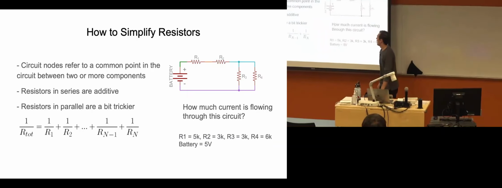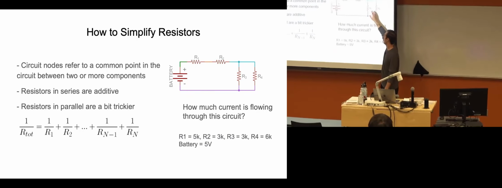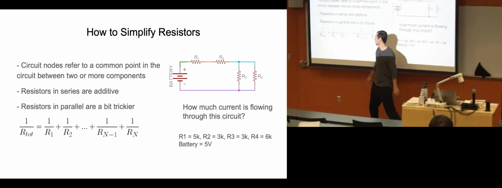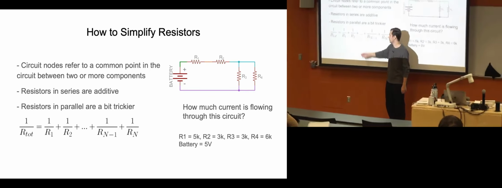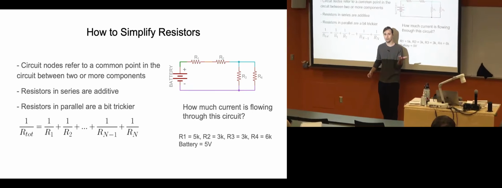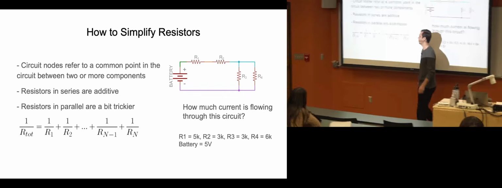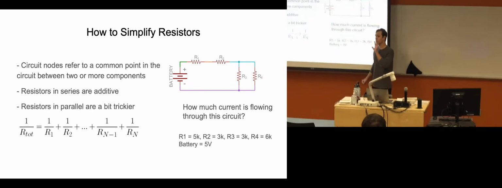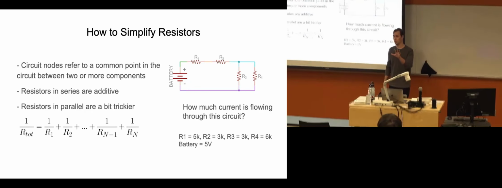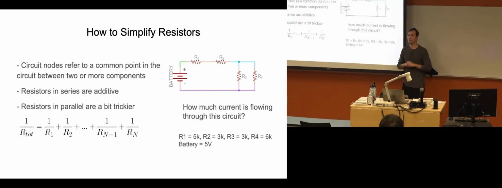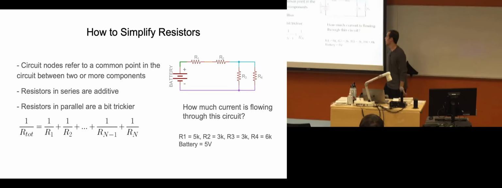So let's pretend R3 is 10 ohms and R4 is 10 ohms. Let's just make it super easy for ourselves. So we take 1 over 10 plus 1 over 10, which is 2 over 10, which is 1/5. So 1 over 5 is our total, and our equivalent resistance is 5 ohms. This means you could get rid of these two resistors, just put 1 here, and make it 5 ohms, and the circuit would behave the exact same way.